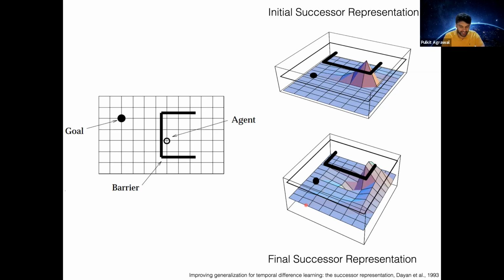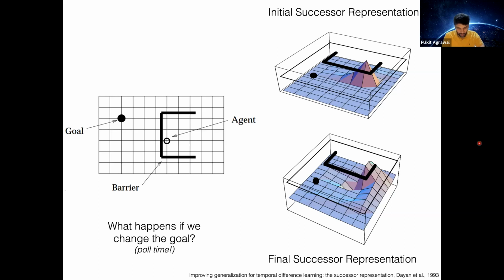So now one question which comes up is, suppose we were using the successor representation, and now I change the goal. Suppose the goal is not over here, but somewhere here or somewhere here, right? I change the goal position. So what happens then? I think we have a small poll for this.